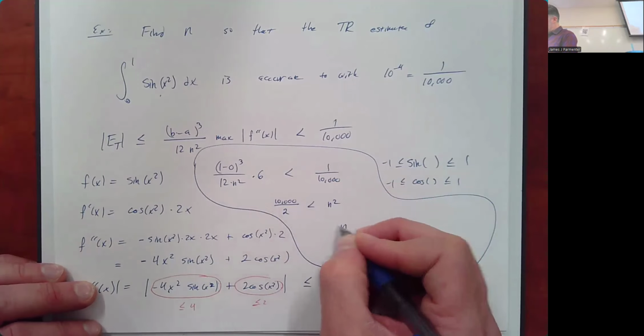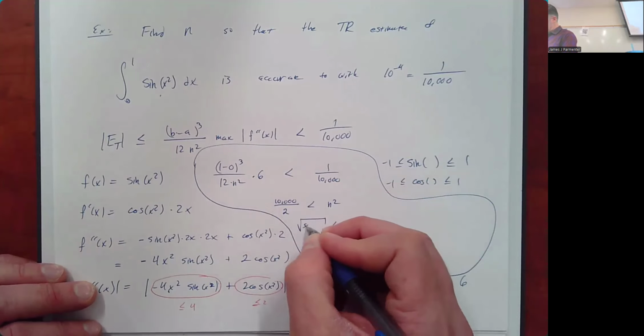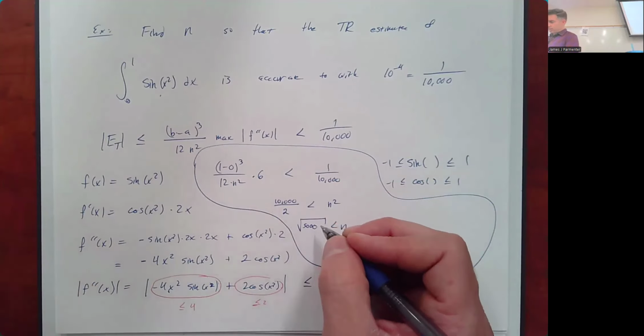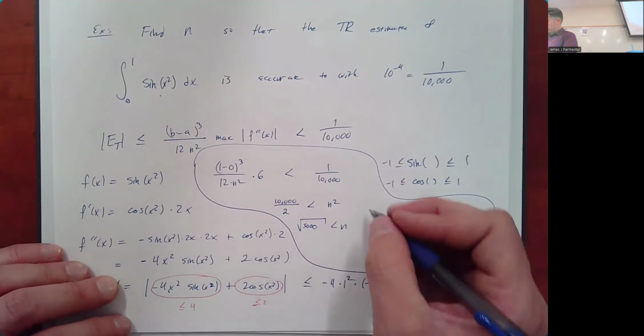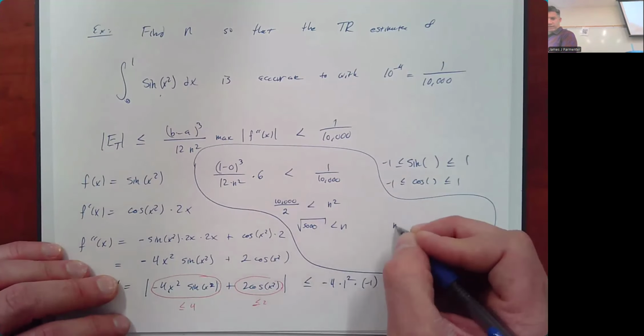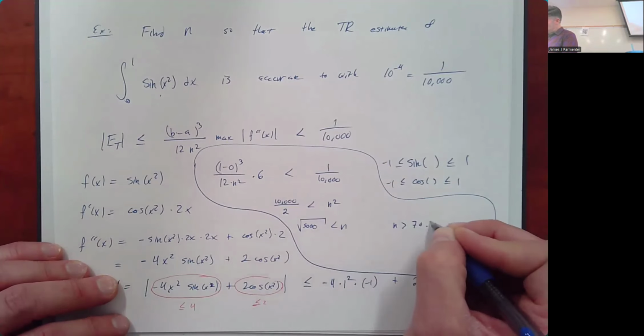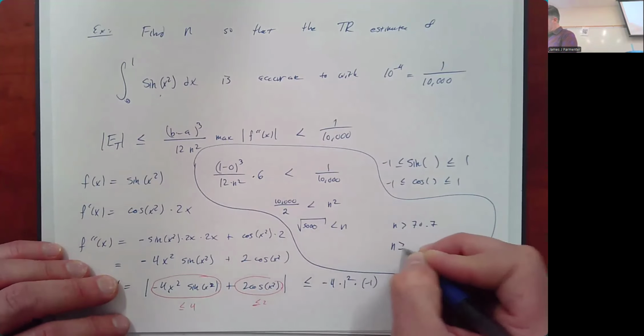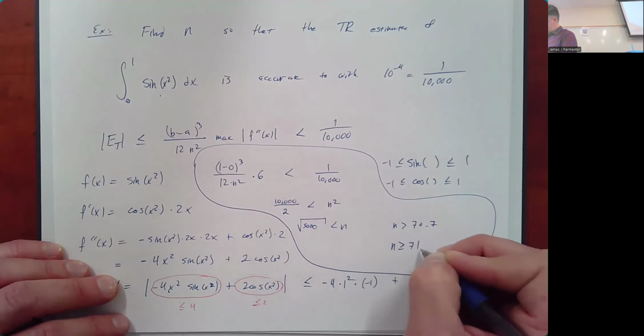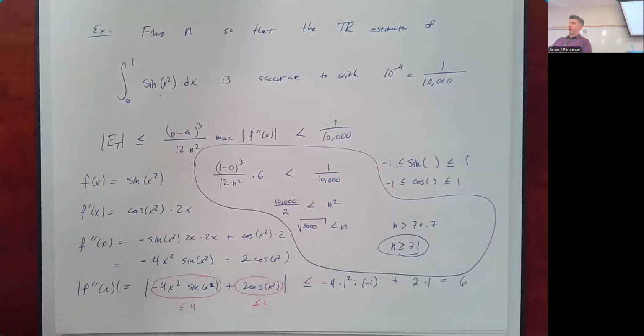So n should be bigger than the square root of 5,000. And that ends up being approximately 70.7. So n should be bigger than or equal to 71. Because again, for trapezoid, we don't care if it's odd or even. For Simpson's, it has to be even.